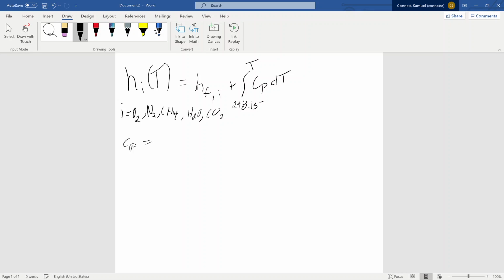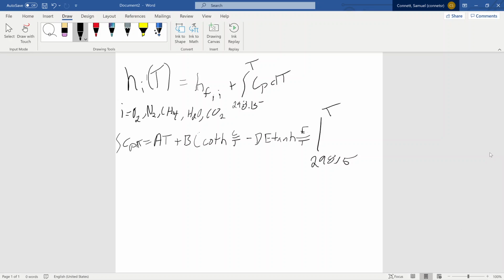So the integral of CP is going to equal A times T plus B times C hyperbolic cotangent of C over T minus, because of that minus in the integral, D times E hyperbolic tangent of E over T. And we have 298.15 and T. So that is our expression to find our enthalpy of an ideal gas.